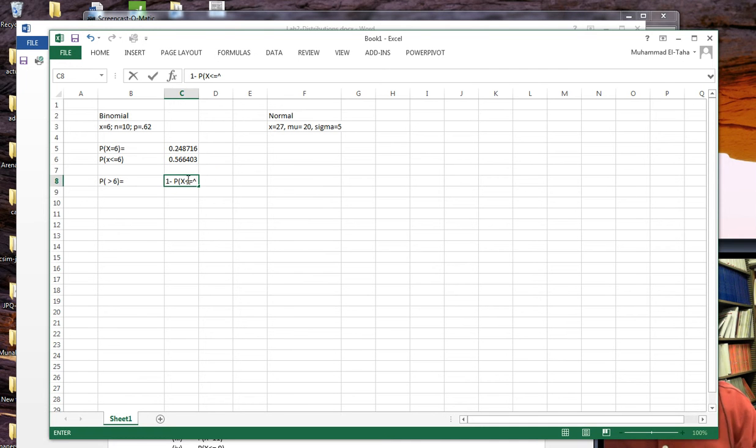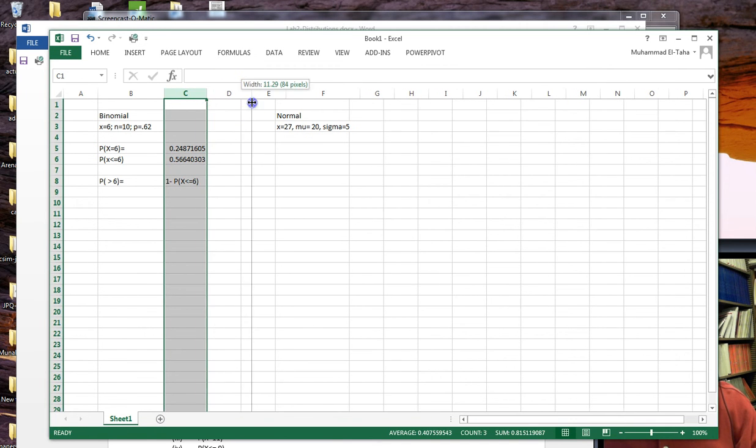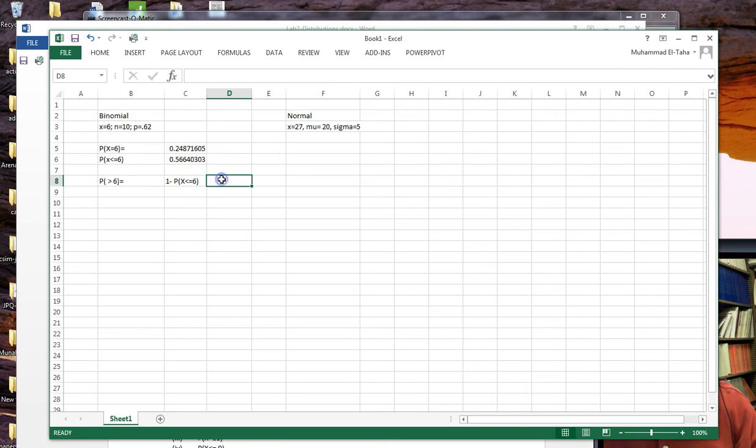Okay, so if you want something that is greater than or between two values, then what I need here is, you make these bigger so I can see what's going on here. So I'm going to put here first, that's going to be 1 minus, and I already know how to compute this from this question, which would be 0.566, and I can get the answer here.